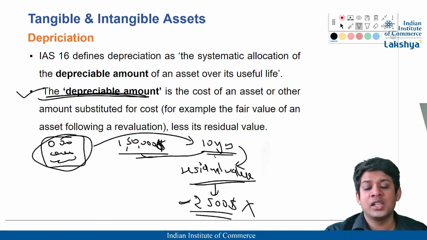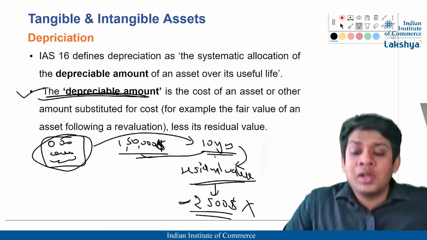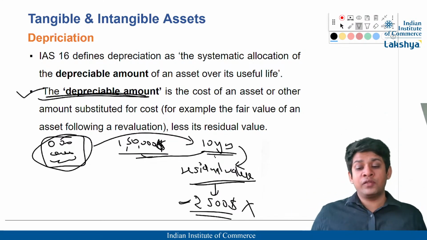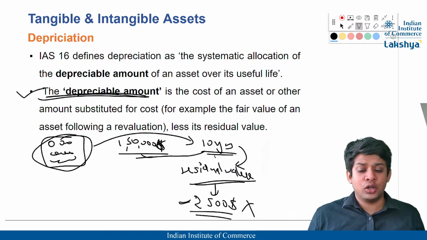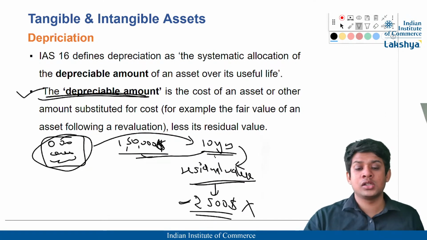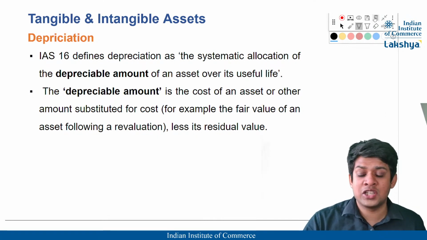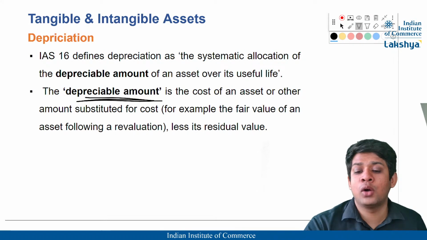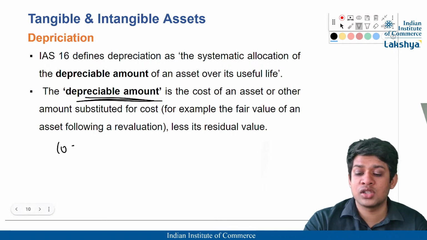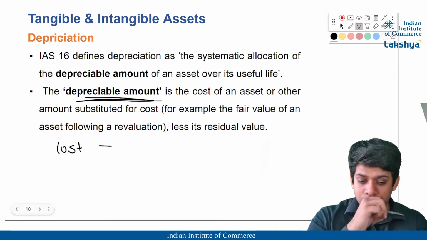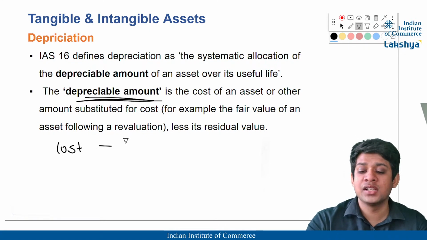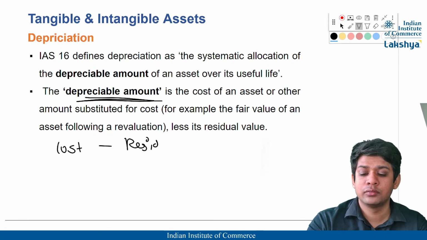So I cannot depreciate this amount because obviously I will receive this amount once I'm done with it, correct? Once I'm done using my asset for a period of 10 years, after that, if I sell it off, I will get 2,500. So this is not going to be depreciated. So depreciable amount is nothing but the total cost of the asset minus the residual value.